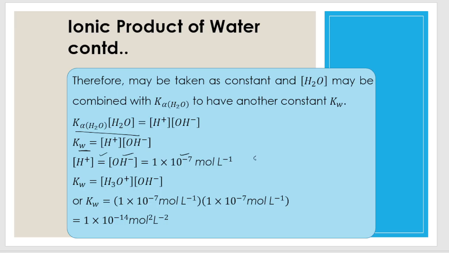So the conclusion here is that the ionic product of water is nothing but Kw. It is the hydronium ion concentration into the hydroxide ion concentration, and its value is 10 to the power of minus 14 moles square per liter square, because the hydronium ion concentration or OH minus ion concentration at 25 degrees centigrade is 10 power minus 7. Okay.